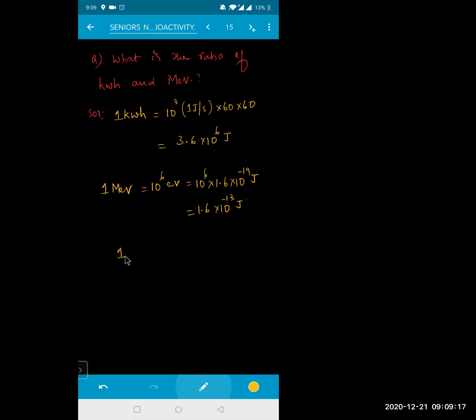If I take the ratio, 1 kilowatt hour divided by 1 mega electron volt is equal to 3.6 into 10 to the power of 6 divided by 1.6 into 10 to the power of minus 13. If we simplify it, this is approximately 2.25 into 10 to the power of 19. So this is the ratio.